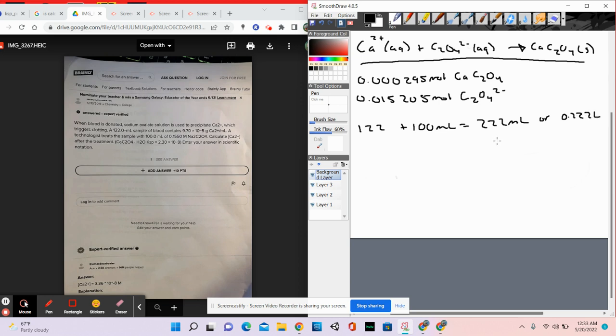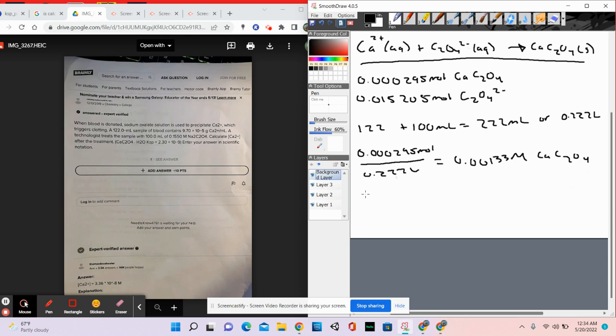Now, all we need to do is find the molarity of calcium oxalate and the oxalate by dividing the moles by the liters. So 0.000295 moles per 0.222 liters gives us 0.00133 molar calcium oxalate. So that is how much is floating around, moles per liter.